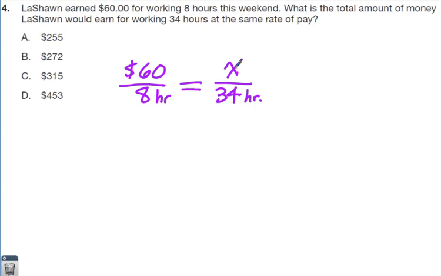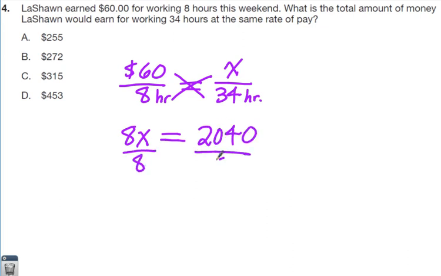When you have two fractions equal to each other, that's a proportion, and we can cross multiply. 8 times x is 8x, and then we bring down the equal sign. 60 times 34, what the heck is that? Calculator says 2040. And then when we divide both sides by 8 to solve for x, what do we get? 255, baby.